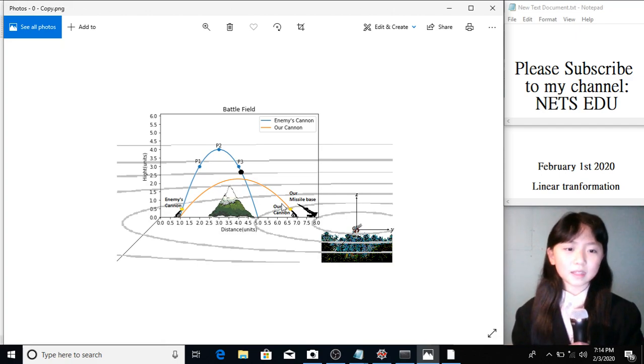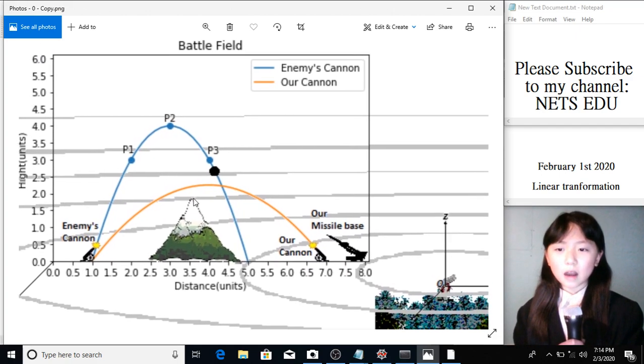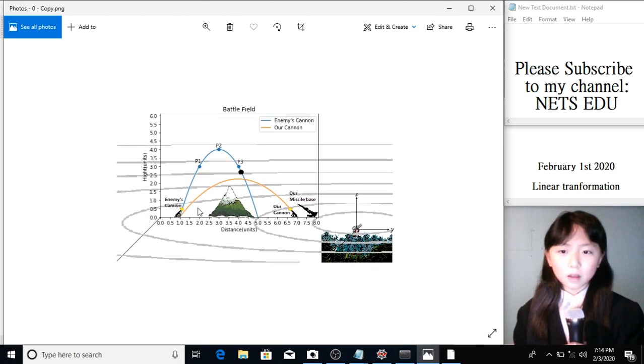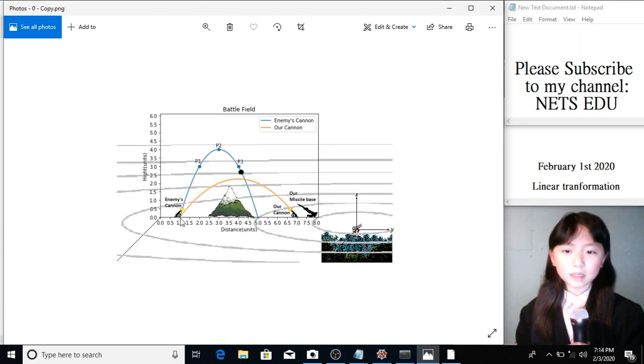Previously, we had a scenario where our enemy's cannon fires a cannonball. We want to locate the enemy's cannon and where the cannonball will land. Over here we have our radar. These are the radar coordinates.